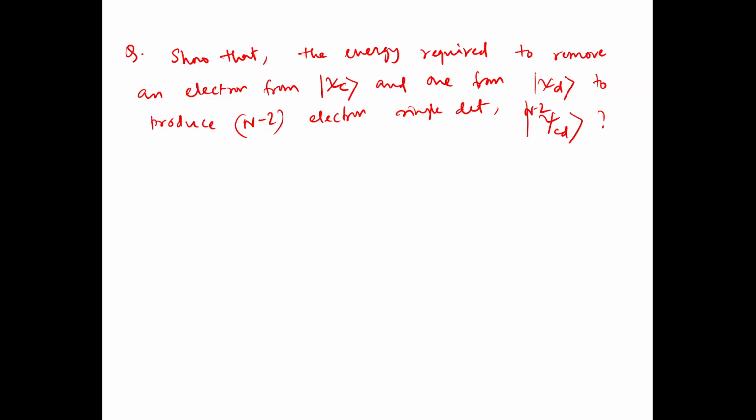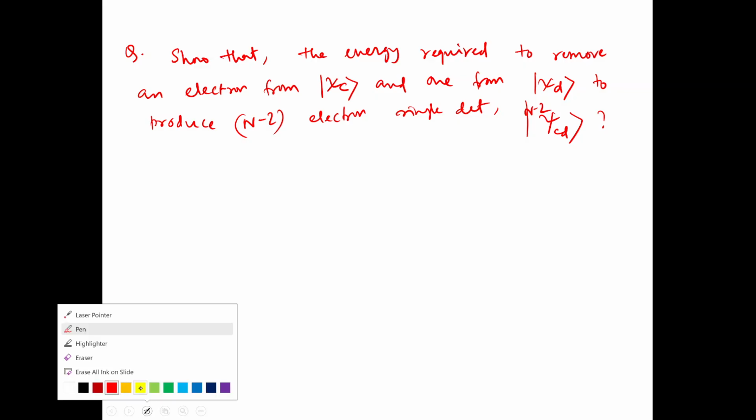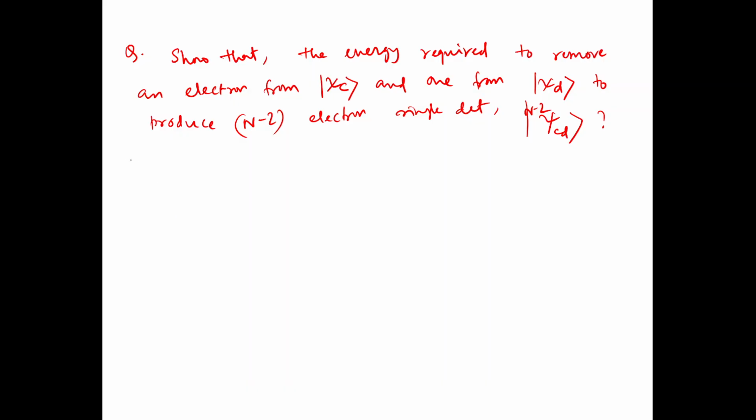But there is one additional term that will come out here. So now let's do this. This is very interesting, and I'll suggest you stop the video and try to do it for yourself, and then look at the solution. So you have to calculate the delta E, which is E n minus 2 CD minus E n 0.